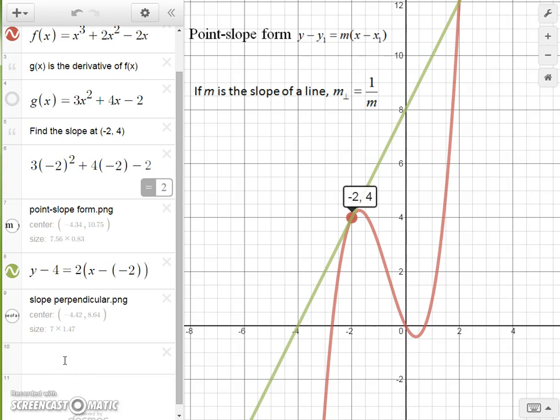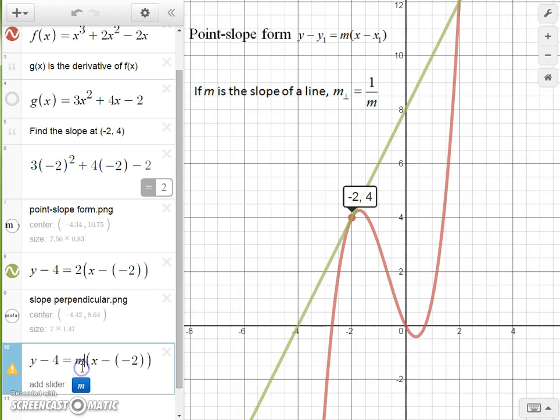So everything is the same. My perpendicular line will also pass through this -2, 4. So my x1, y1 stays the same. So y minus 4 equals, I'm going to use the m for now for slope, times x minus -2.